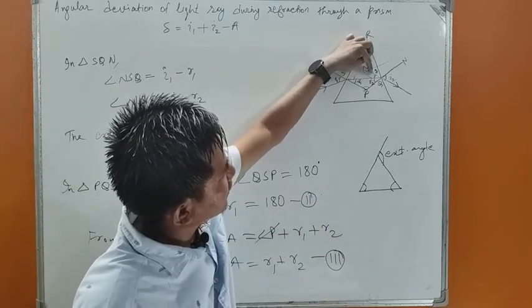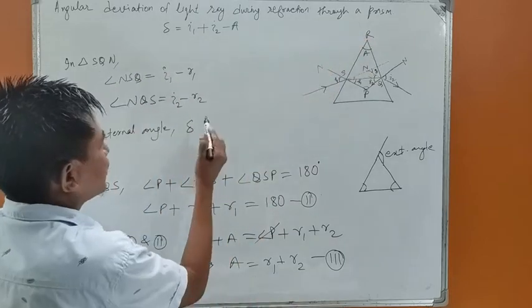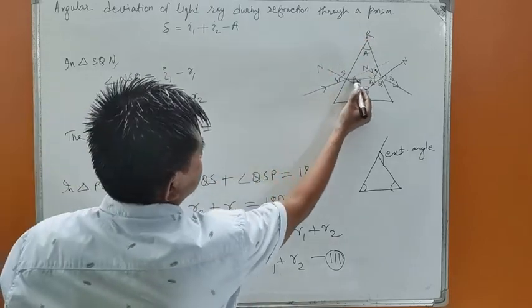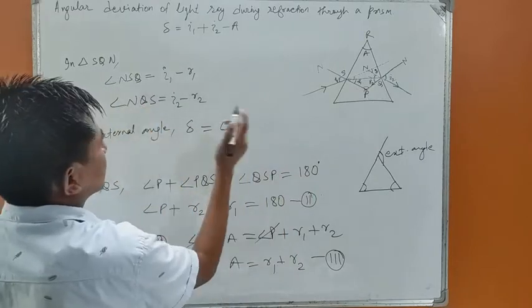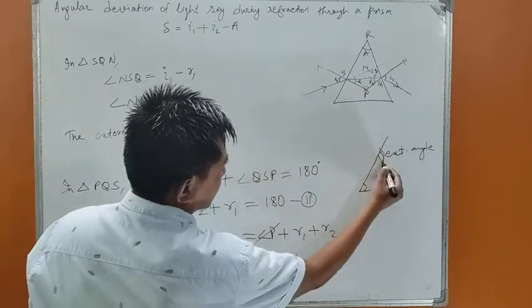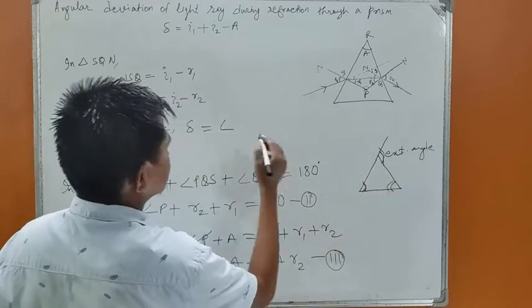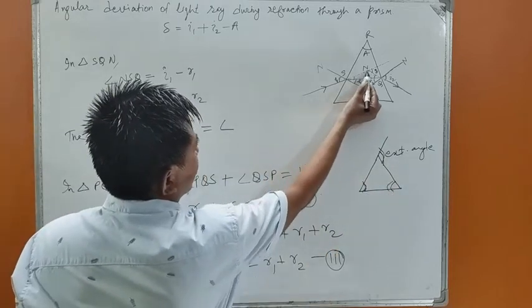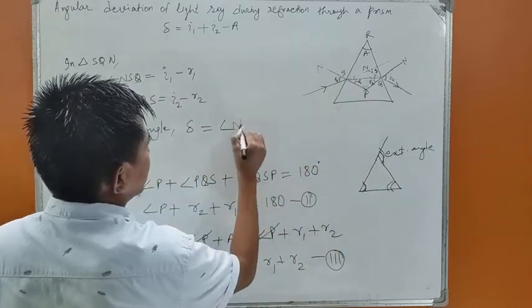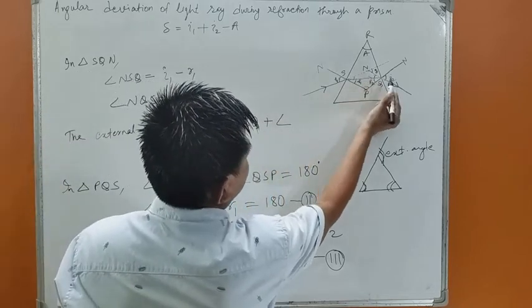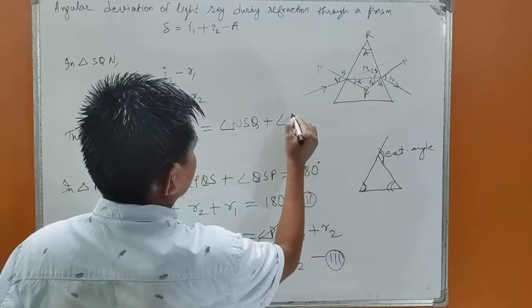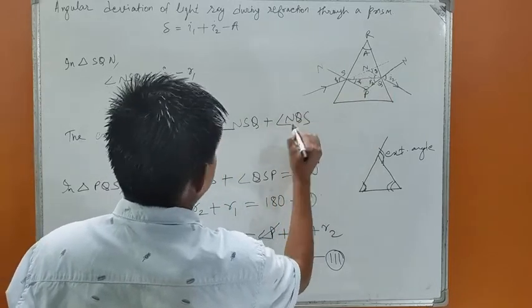The external angle del equals this angle NSQ plus angle NQS, because the external angle equals the sum of two internal angles, isn't it?